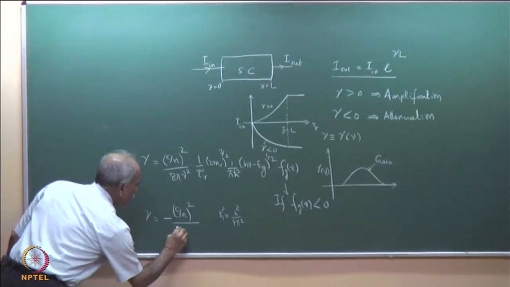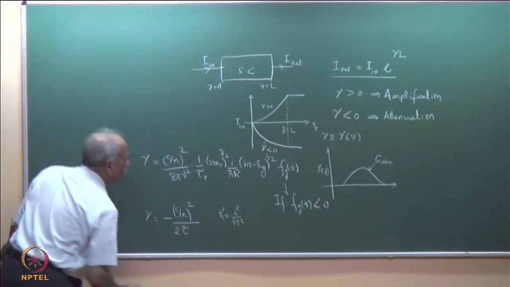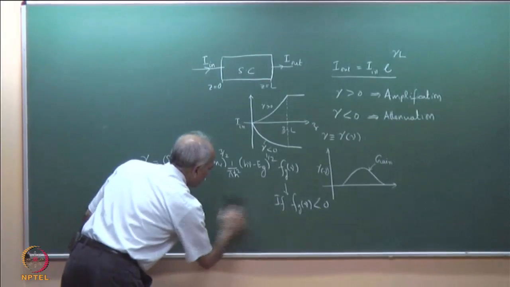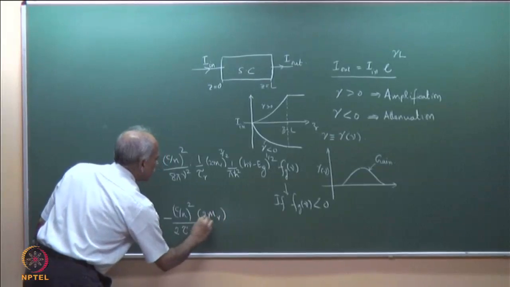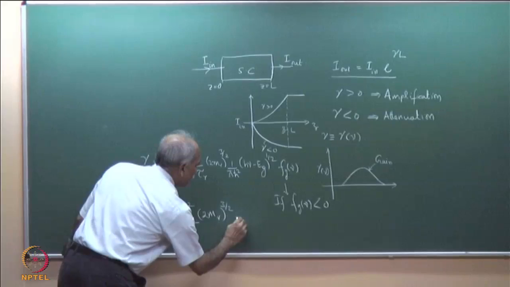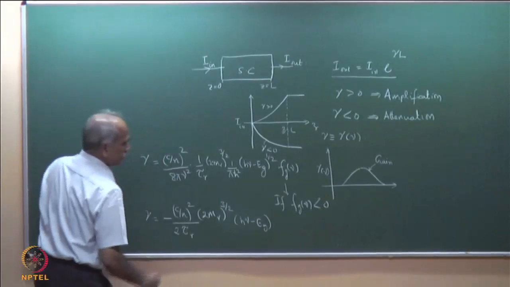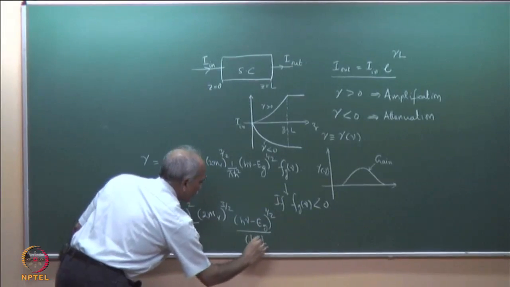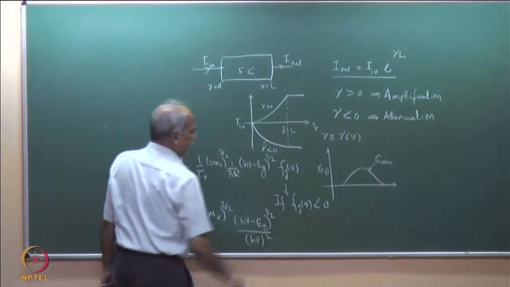So, I have 2 tau r into, if I make a mistake, please point out, 2 twice m r to the power 3 by 2 into h nu minus E g divided by to the power half and h nu whole square into this quantity is negative now.